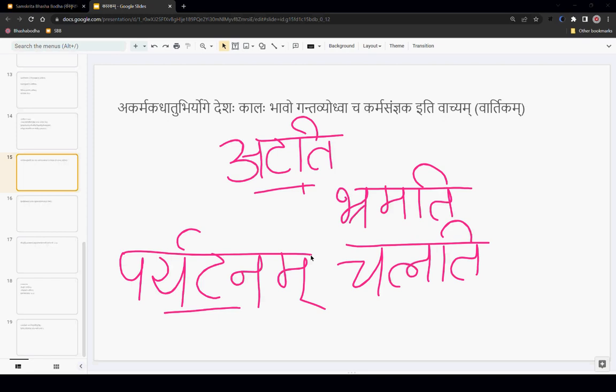Mahim Rama, Parashurama, mahim atati. Mahi, this loka, bhulokam atati. Why? Because he is intensely going around, trying to kill all the evil kshatriyas, trying to clean up this loka of the evil kshatriyas. So there is an intense action, and intensely desiring to roam around because of that purpose.